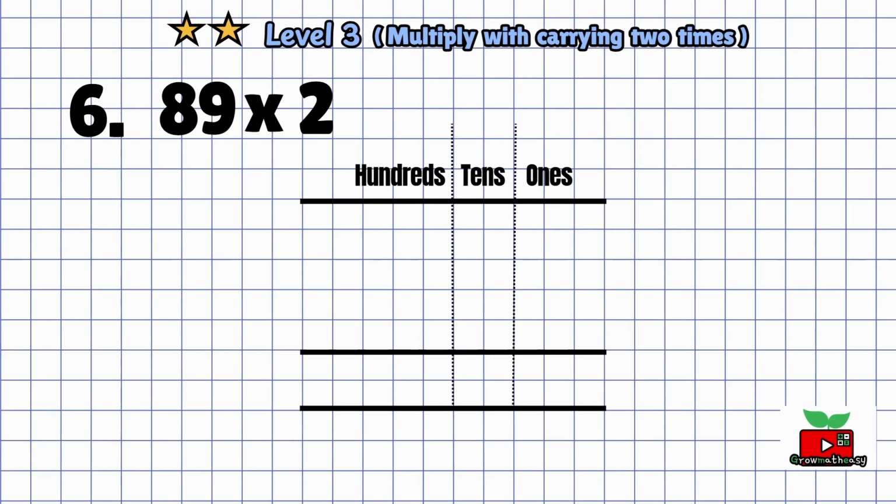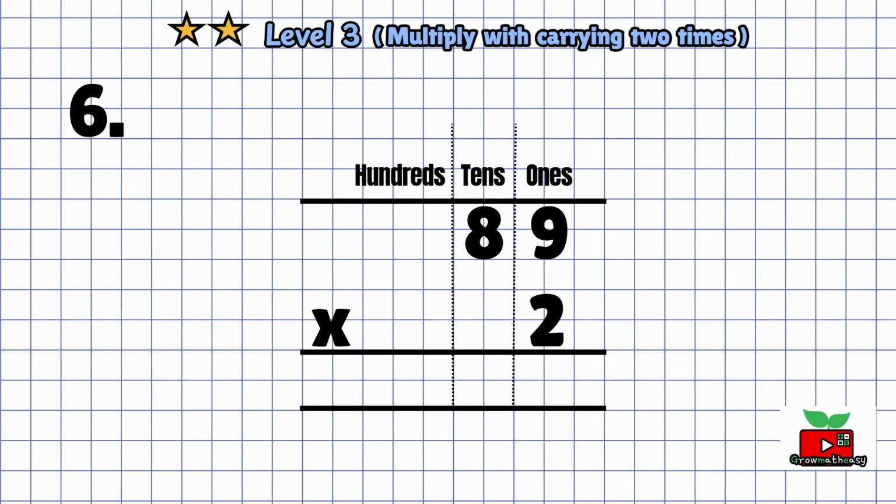Question 6. 89 multiplied by 2. First, we need to line up the numbers. Then, multiply the ones. Draw a little butterfly wing to focus on the ones. 2 times 9 equals 18. We write 8 and then carry 1. Then, multiply the tens.